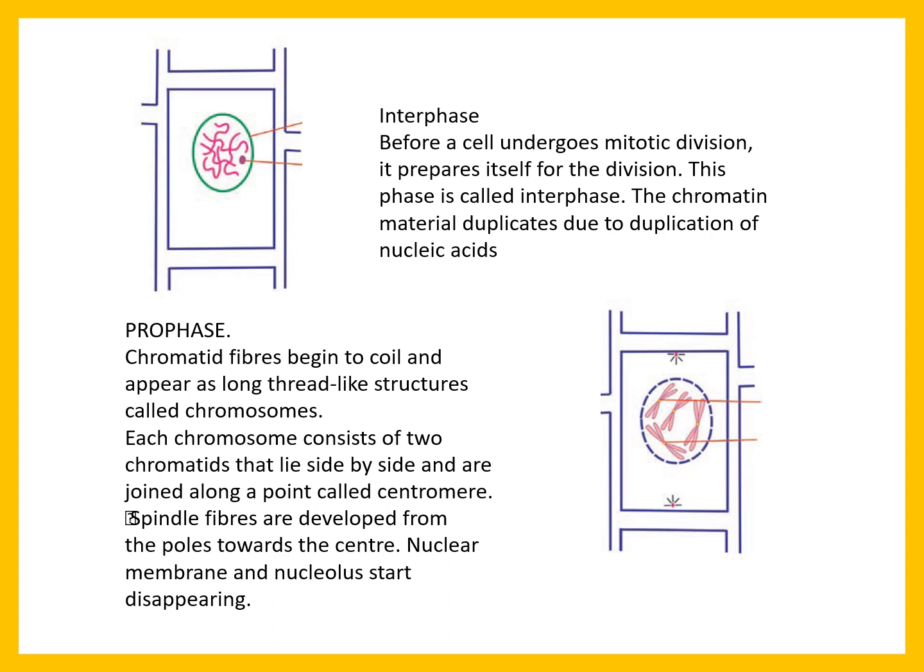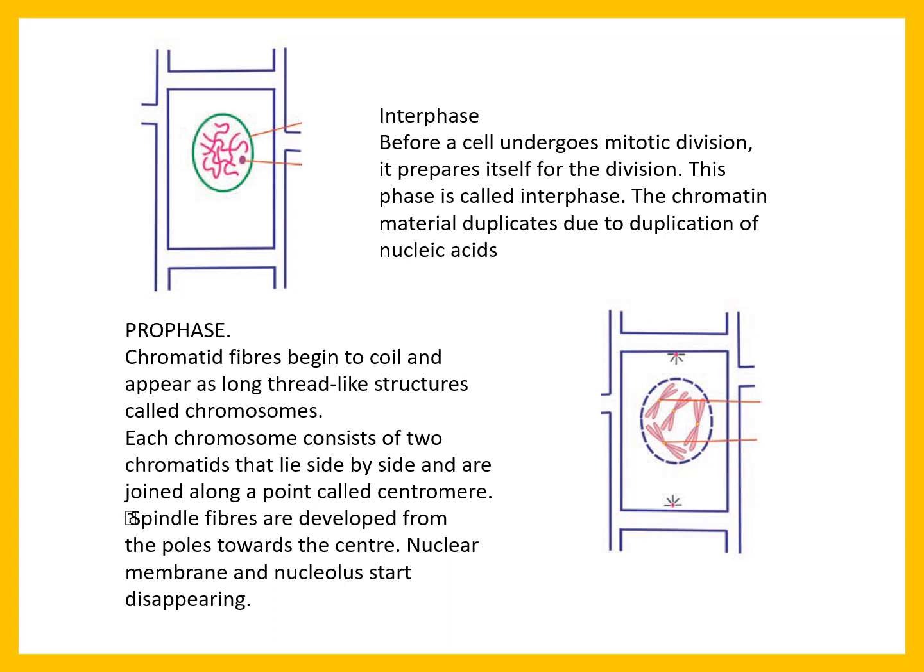During cell division, it divides into two chromatids. So chromatids begin to coil and appear as long thread-like structures called chromosomes. Each chromosome consists of two chromatids that lie side by side and are joined at the point called the centromere.